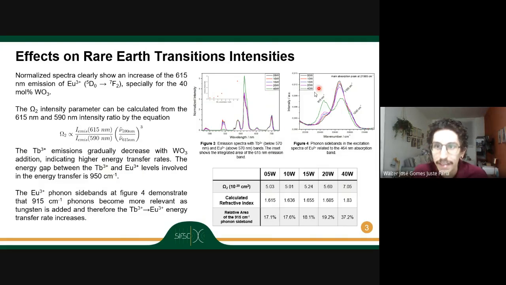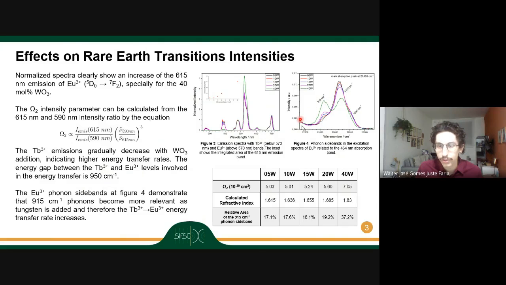And we have this kind of phonon: this 915 inverse centimeters phonon here that we can see in the phonon side bands that appear in the excitation spectrum of europium. And as we increase tungsten, the contribution of this funnel, exactly the funnel that we need to bridge the gap between the levels involved in the energy transfer, increases as we move from 5% tungsten to 40% tungsten.